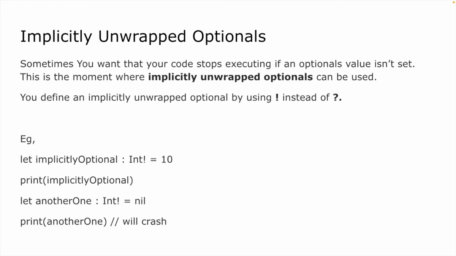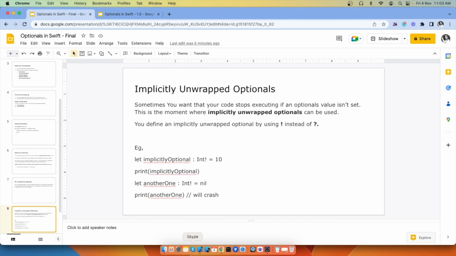As I have said, it is very risky and it may crash the code, so we should use it least, but we must know what it is and how it works. So here I have this example. If I say this is an implicitly unwrapped optional of type integer with the value 10, then when I print this, it will have the value 10, so the code will pass. But in another one I am assigning nil, so it does not have any value, and when I print this, it is going to crash. Let's check this in Xcode.